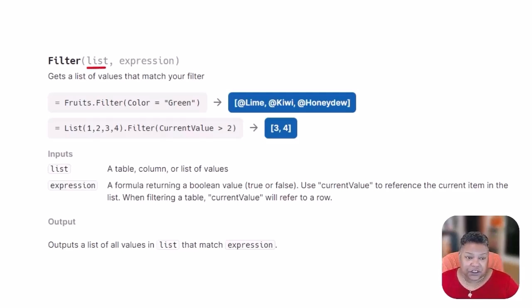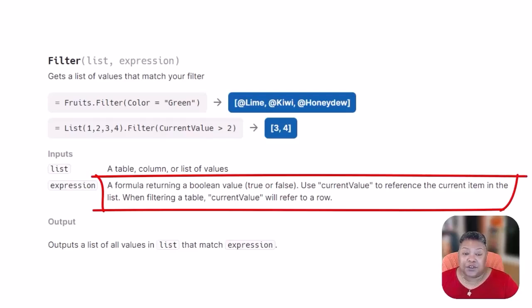Anyway, the filter function takes a list as input, and the next parameter is an expression, a formula returning a Boolean value, true or false. Use current value to reference the current item in the list. When filtering a table, current value will refer to a row. So here is that current value again.